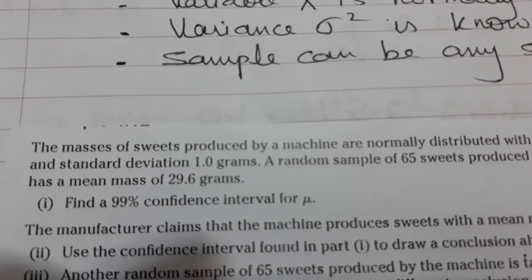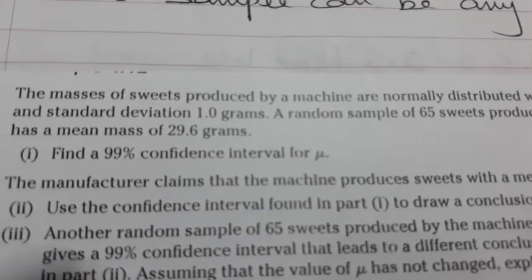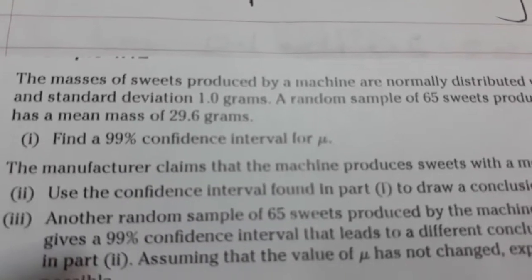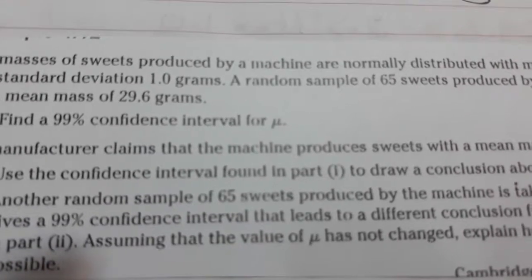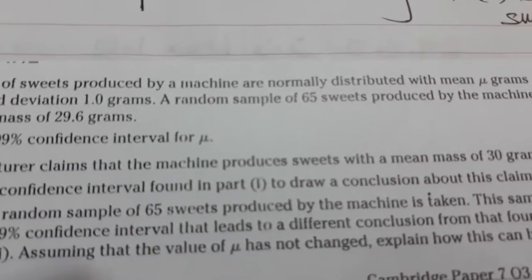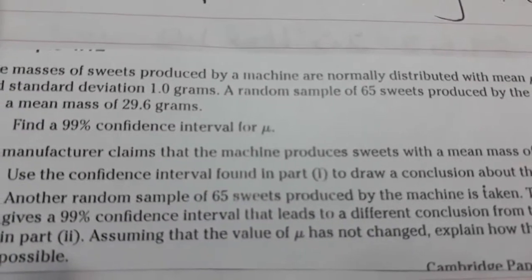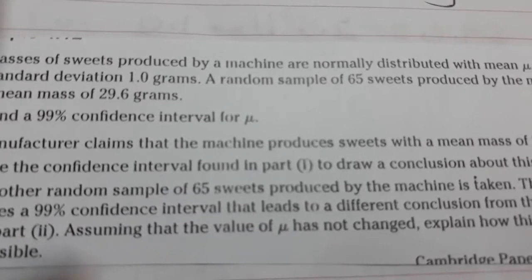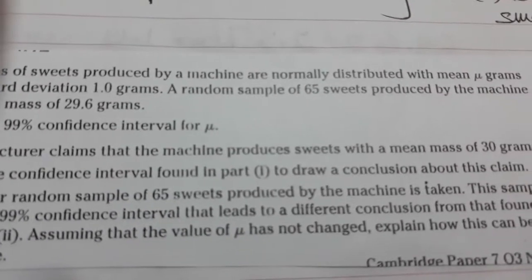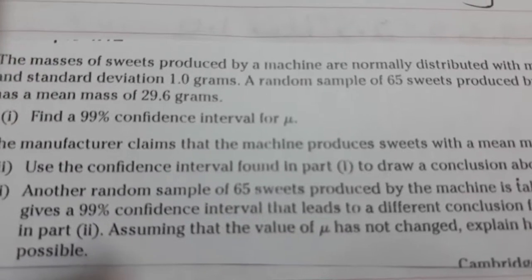So the question says, okay, the question is about sweets produced by a machine, and they are normally distributed, and the mean of it is mu, so mean is not given to you, and standard deviation is 1.0 gram. You are taking a sample of 65 sweets by the machine, and their mean is 29.6.